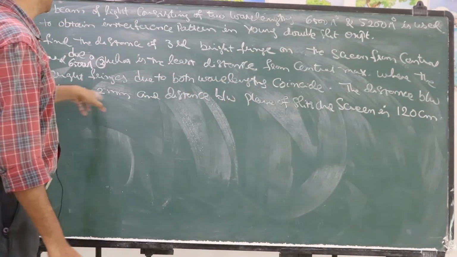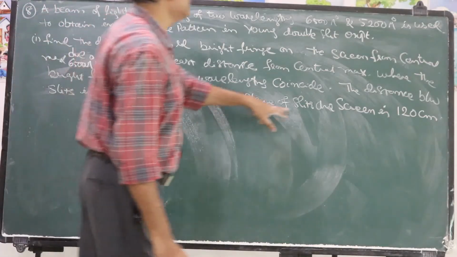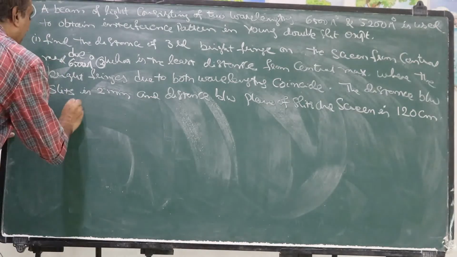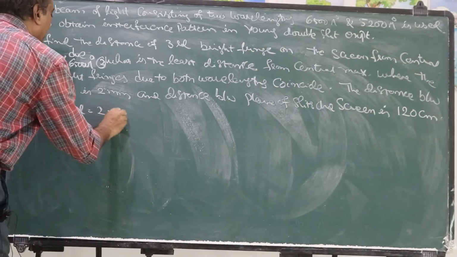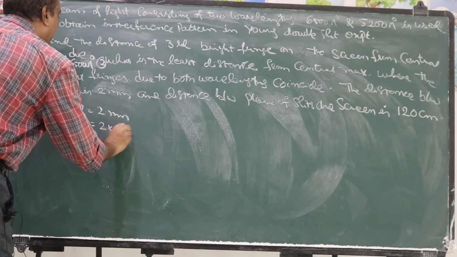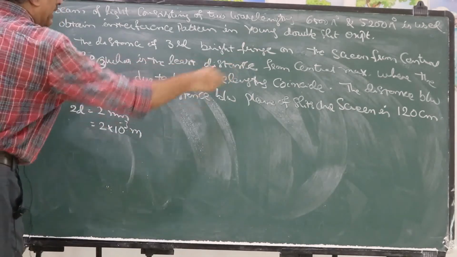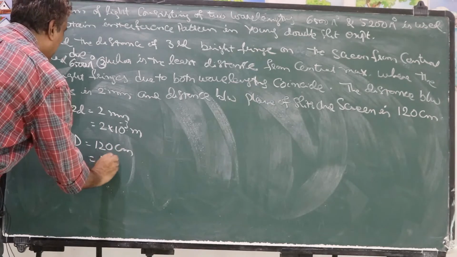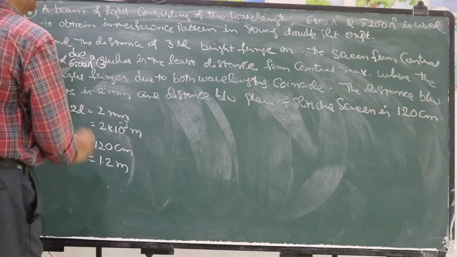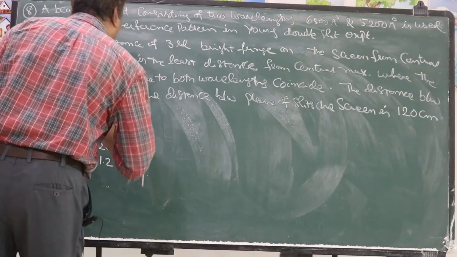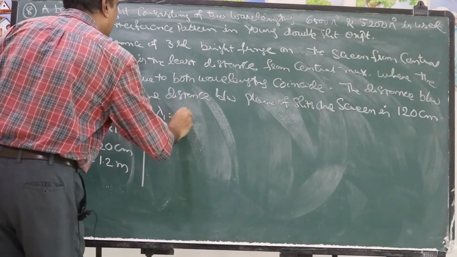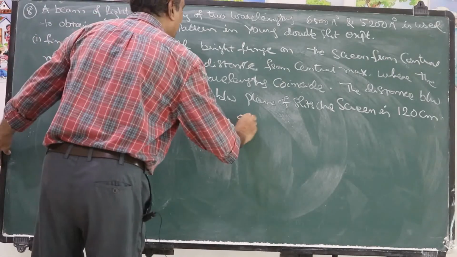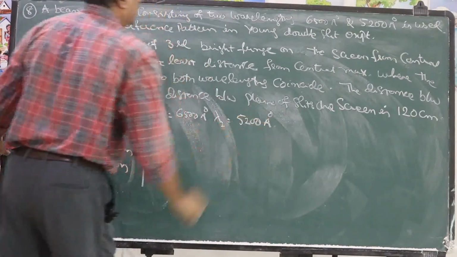The distance between the slits is 2 millimeter, distance between the plane of the slit and screen is 120 centimeter. That means 2d is equal to 2 millimeter, that is 2 into 10 power minus 3 meter, and capital D is equal to 120 centimeter, that is 1.2 meter. And lambda 1 is equal to 6500 Armstrong, lambda 2 is equal to 5200 Armstrong. These are the given conditions.